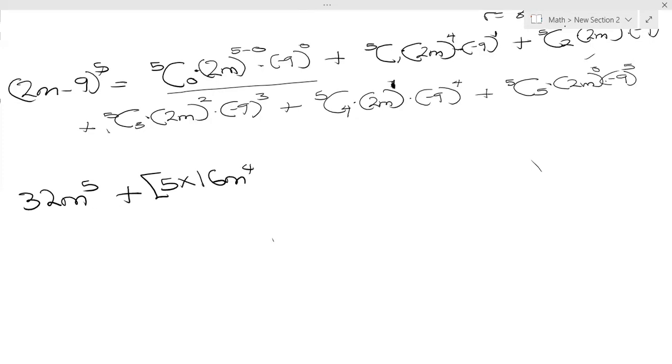Then we have this minus 9 times minus 9. Plus the next one was 5c2, which gives me the value of 10.